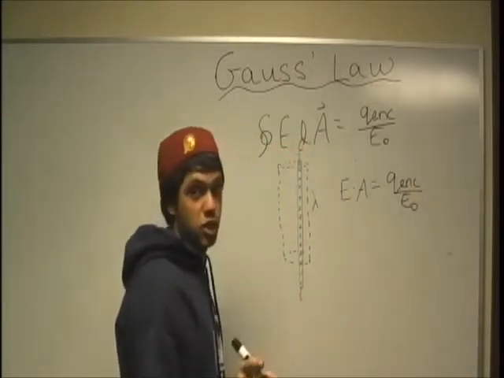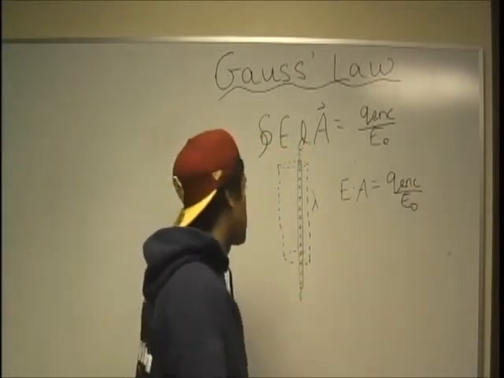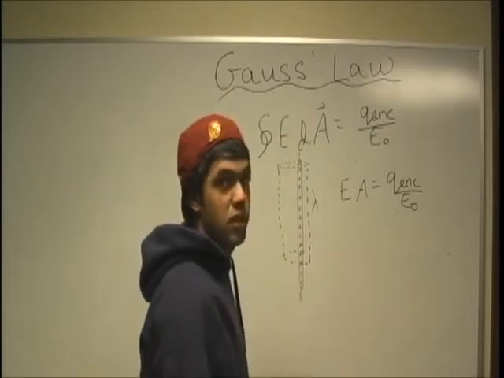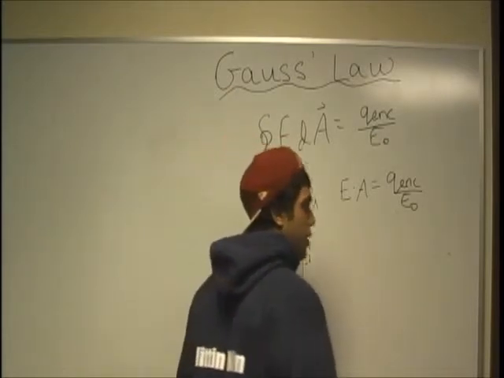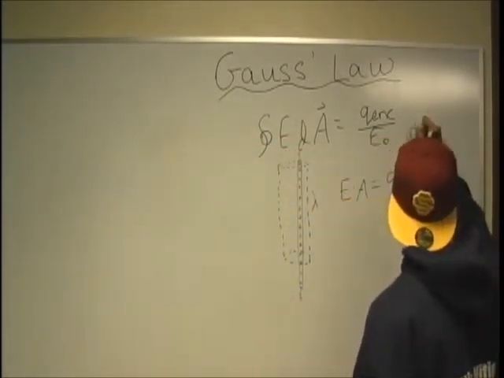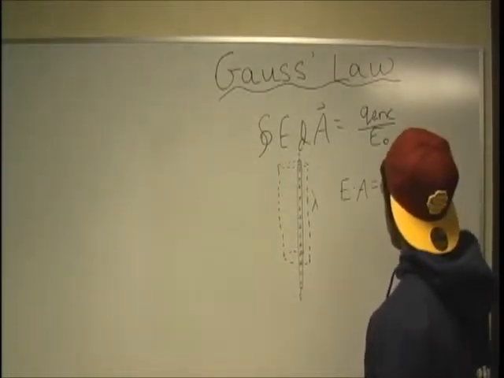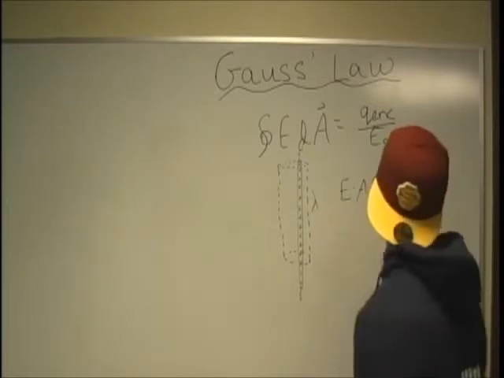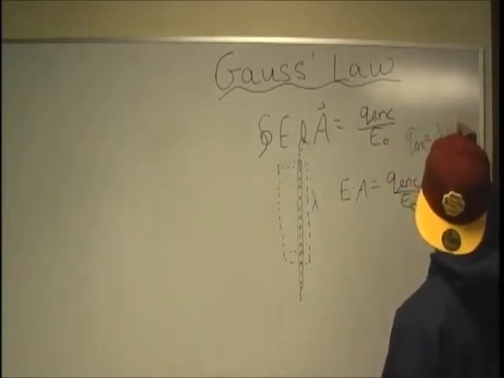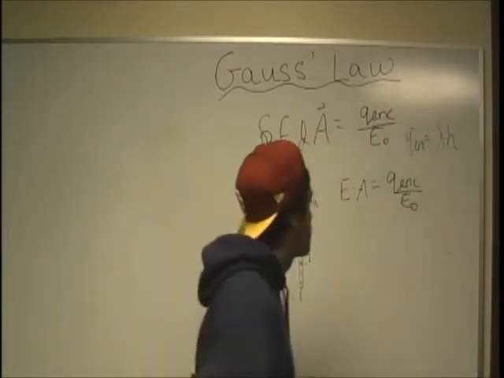First, we have to look at the Q enclosed, and the Q enclosed along this entire section is going to be the charge density times the length. So let's call that lambda h.